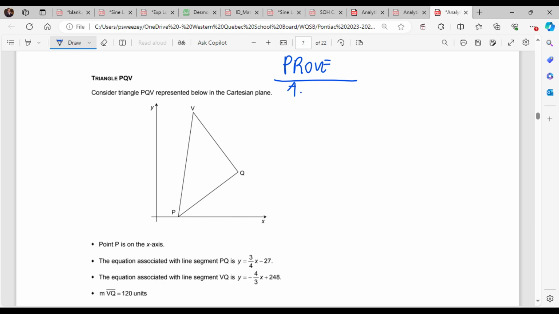So the first thing that I would have to look for, let's say the right triangle part. Looking at the diagram, where PQ and VQ meet is going to be the 90, right? So I want to prove that the slope of PQ is perpendicular to the slope of VQ.